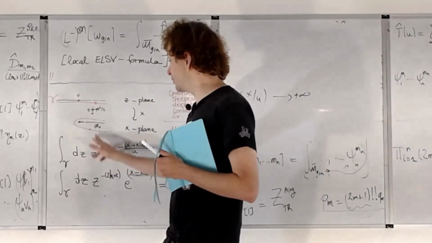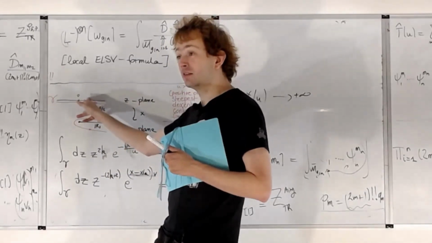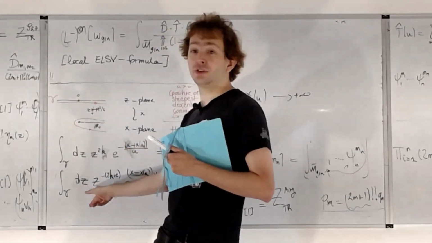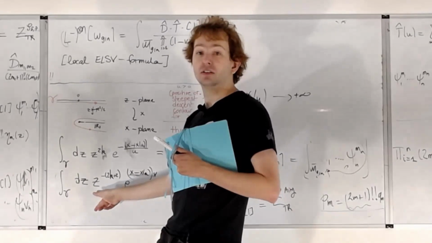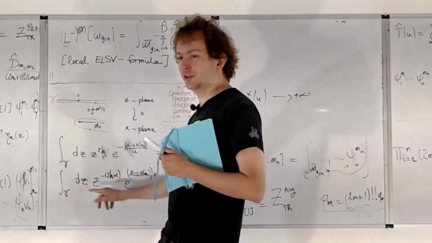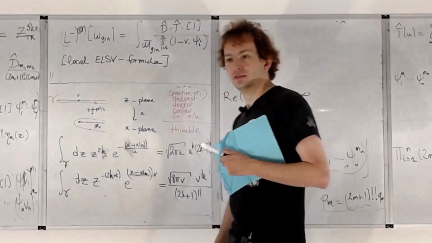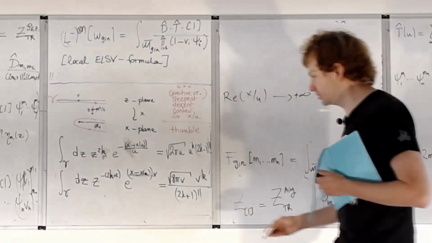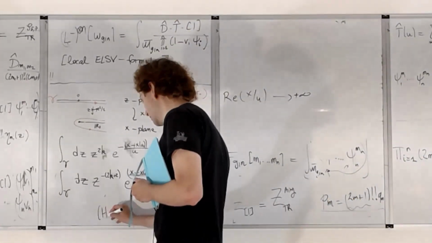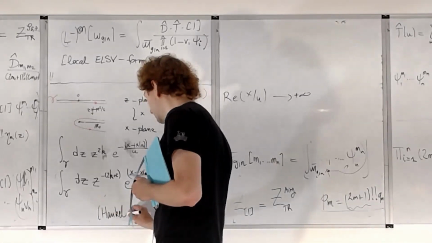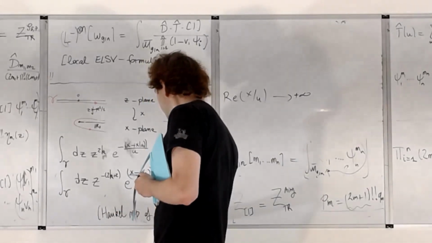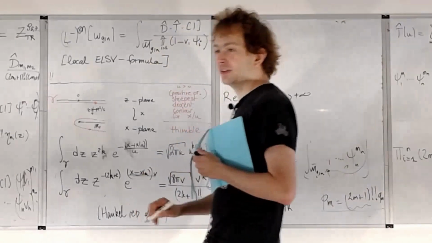In that case, you can squeeze the contour to the real line. In the other case, you can't because you have a pole here. Nevertheless, that's another form of the gamma, actually inverse gamma integral. That's essentially the Hankel representation of the gamma function, and we're going to play with that in the exercises.